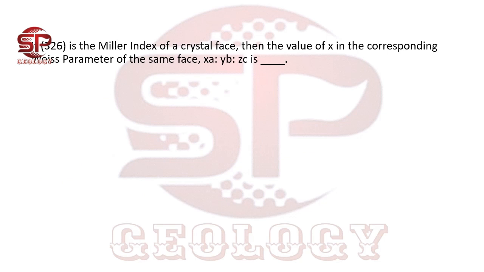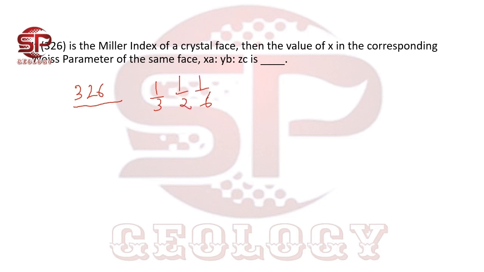Then, if 3 2 6 is the Miller index of the crystal phase, then the value of X in the corresponding Weiss parameter of the same phase, XA, YB, ZC. If you have Miller indices, then we can calculate the Weiss parameter. It is the reciprocal of Miller indices: 1 by 3, 1 by 2, 1 by 6.